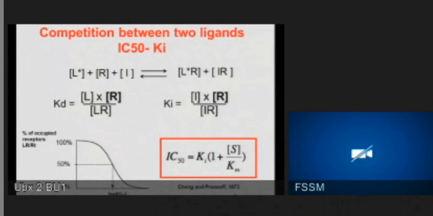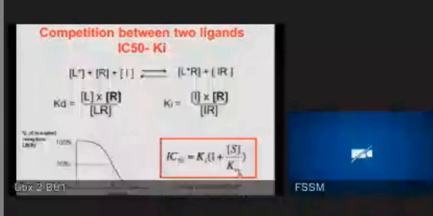And then Cheng and Prusoff said, okay, if we have this experimental value, then, because we know, here this is a Km, but please consider that this is a Kd.